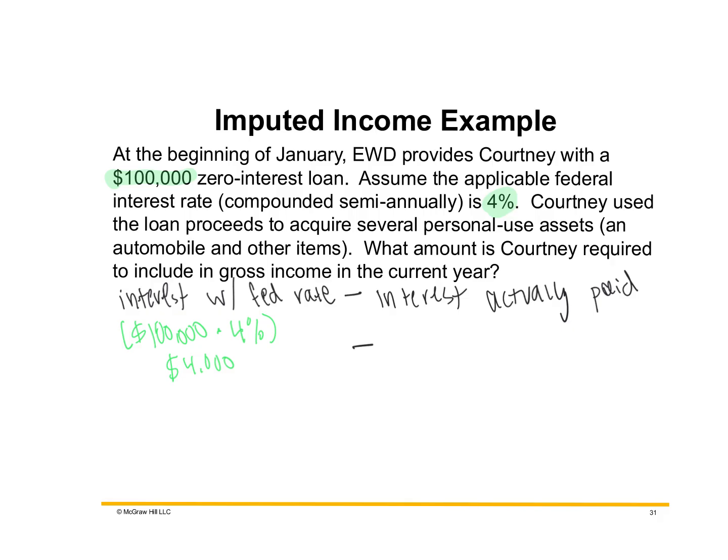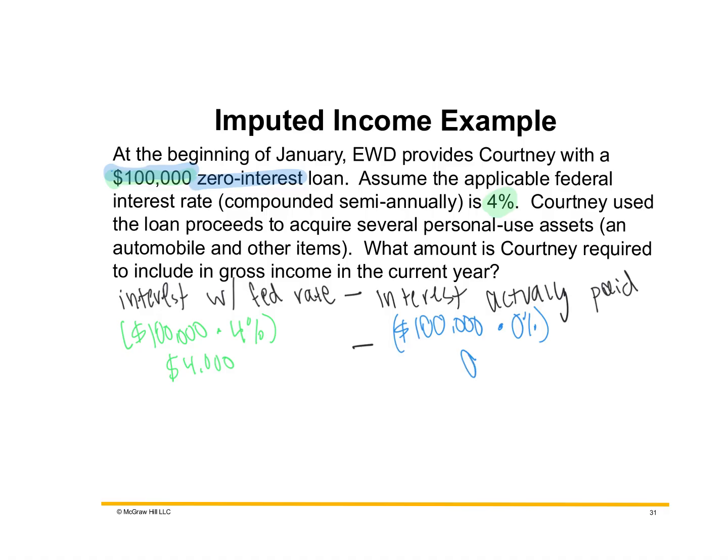So that number, again, we have our $100,000 loan, and we paid zero interest on it. So if we plug in those numbers, 100,000 times 0% gives us 0.